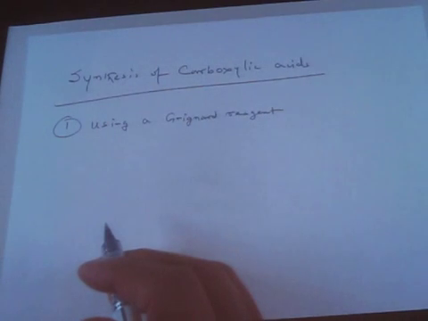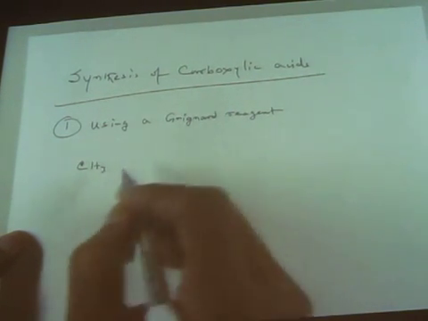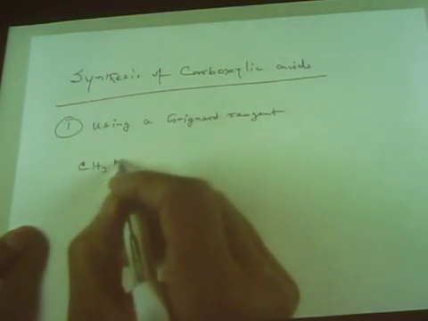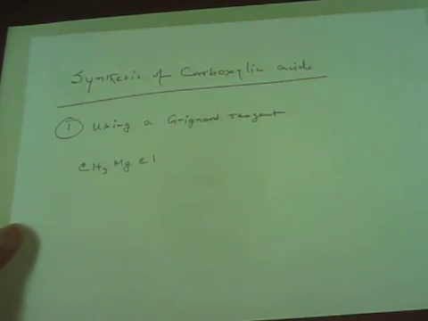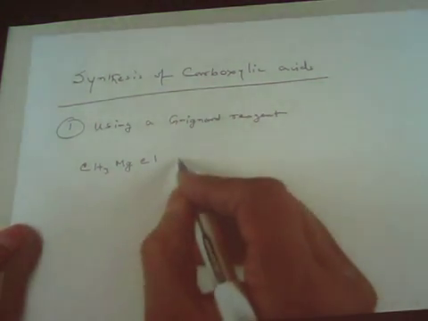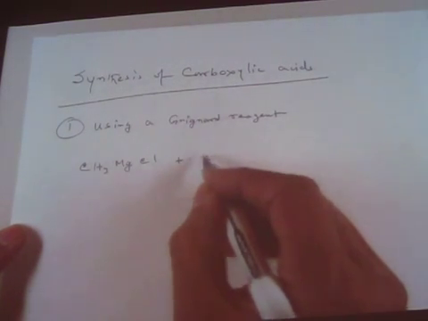Okay, so the Grignard reagent, the way it's being used is you can use a Grignard reagent with carbon dioxide. So let's say you made methylmagnesium chloride, and then you treat it with carbon dioxide.